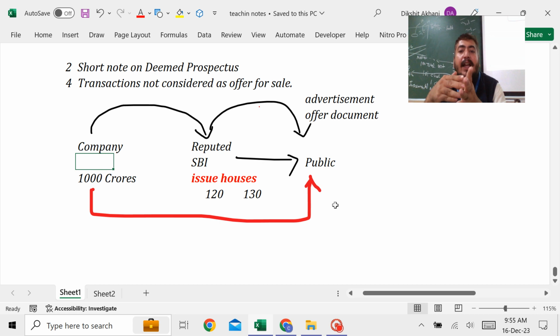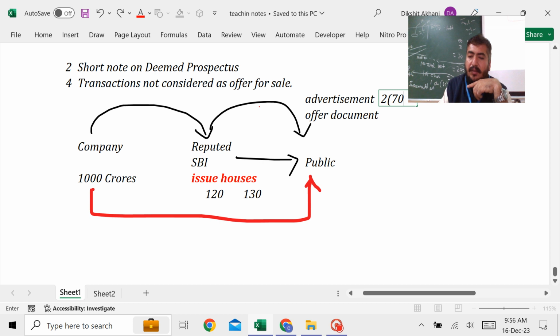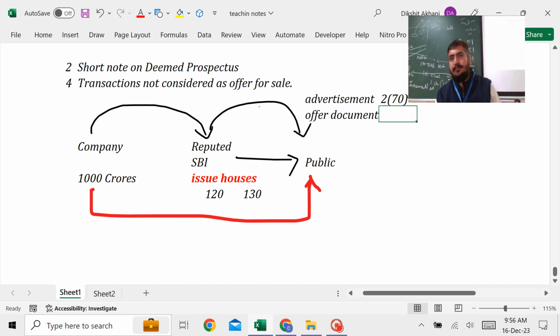There is in fact no direct contact between the public and the company, and therefore this advertisement or offer document should not be considered a prospectus because it does not match the conditions of section 2 subsection 70. That was one of the arguments in the past. So on what basis are you saying that this advertisement or the offer document is a prospectus?